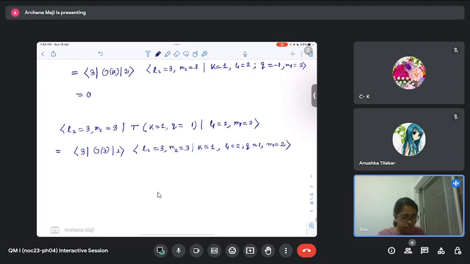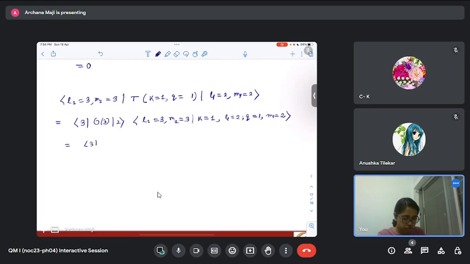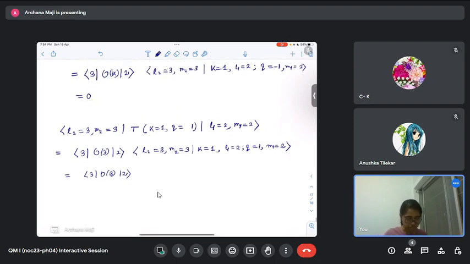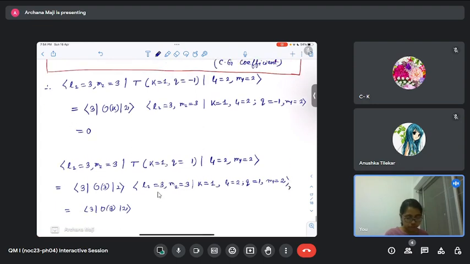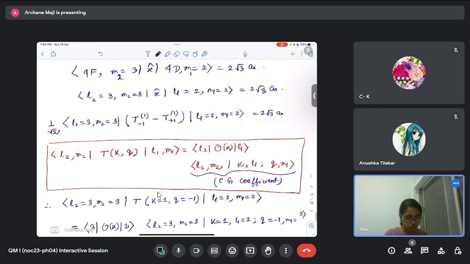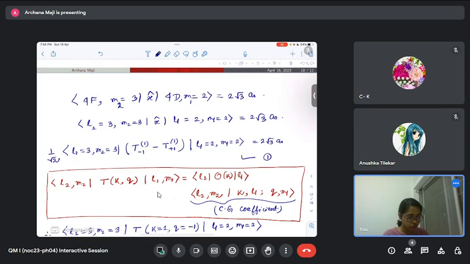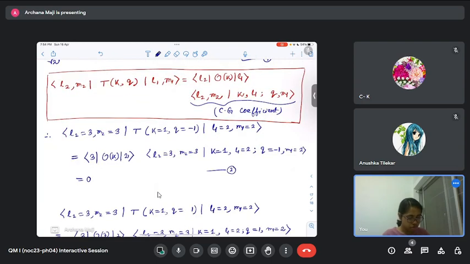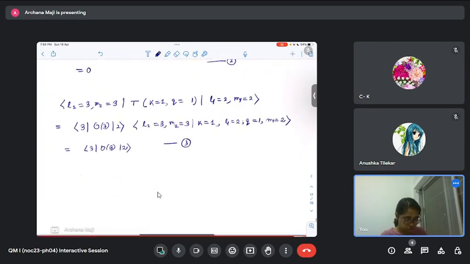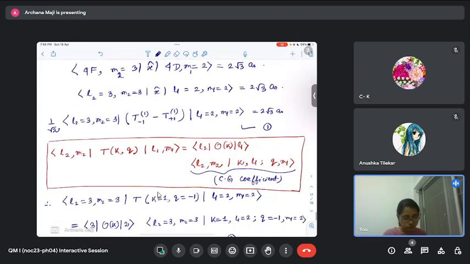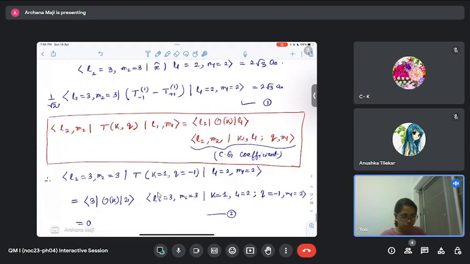Now this CG coefficient is 1. So you get that coefficient. Therefore, if we substitute these in the equation, let's call them 1, 2, 3. Substituting 2 and 3 in 1, we get 1 over square root 2, and minus will come because of this term.